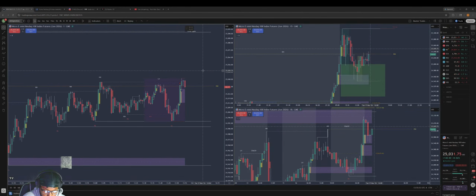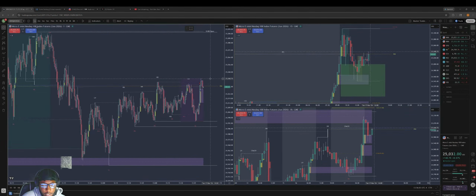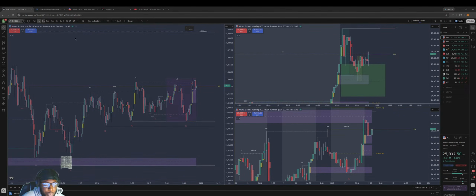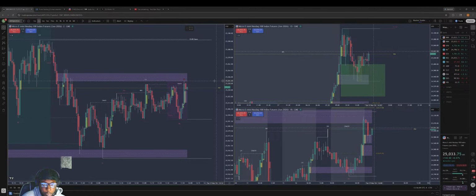Now, I'm gonna be honest. What I've noticed is when Trump starts talking, it's usually bad for the market. So, being that that particular headline caused that spike right there, I don't want to say I don't trust it, but as you can see, when price made this move higher, we got rejected by this gap right here.